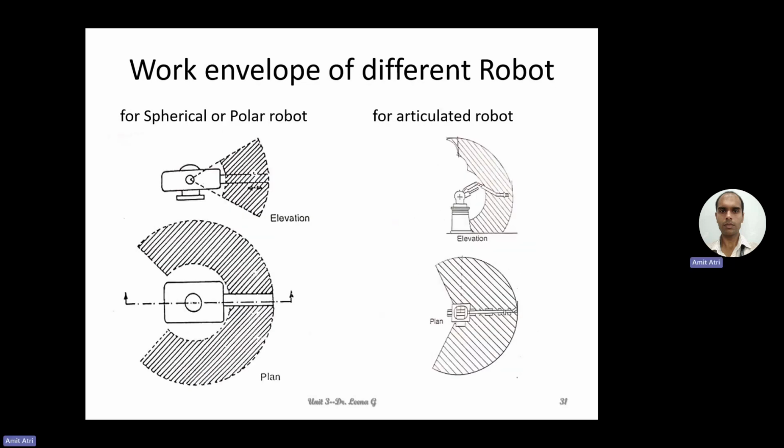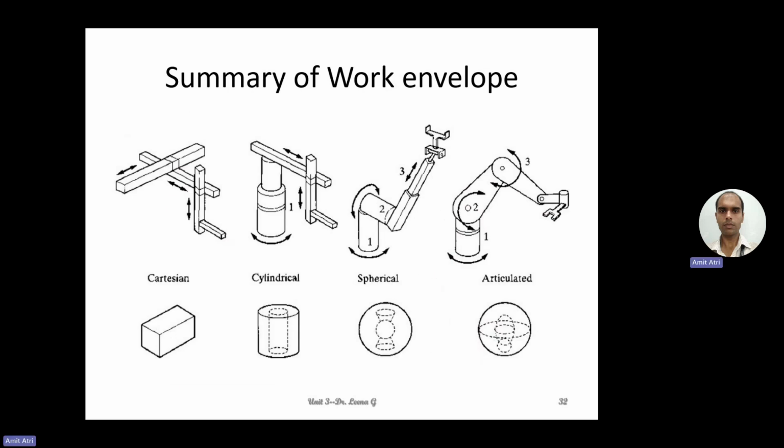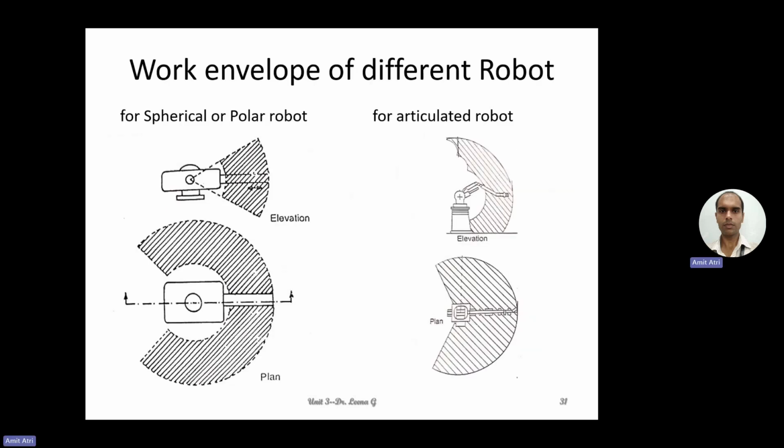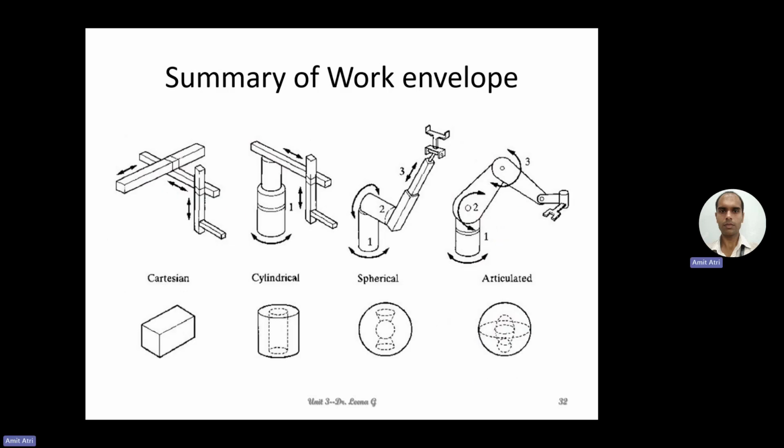For the spherical polar robot and the articulated robot, here we can see how it is moving, in side view and top view. So here we can see the different types of work envelopes which we just studied: Cartesian, cylindrical, spherical, articulated. In this type of shape or 3D space, the robot can move or do some type of useful work.